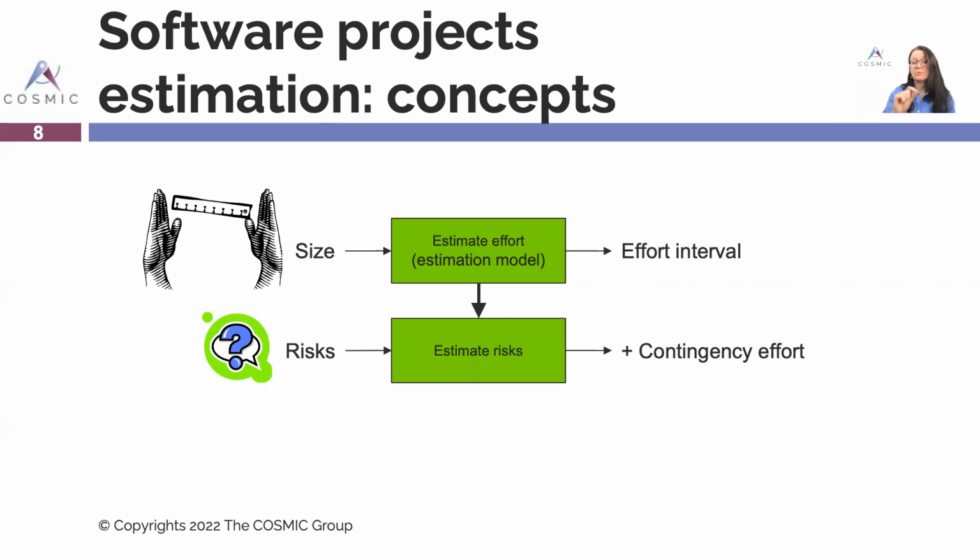So what we need to figure out is, is our next project way more risky than the ones in our sample, or is it much less risky than the ones in the sample? And then we can adjust the effort accordingly.